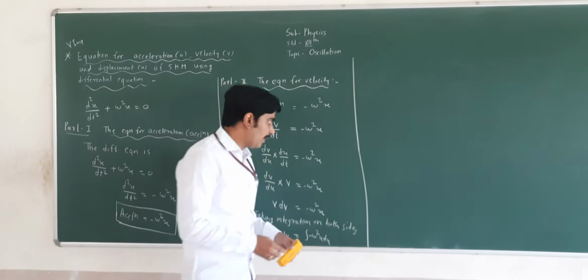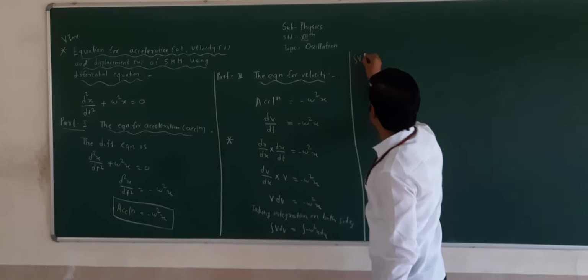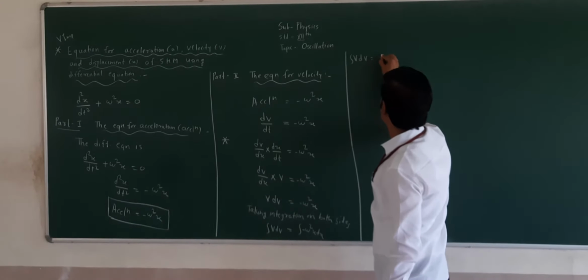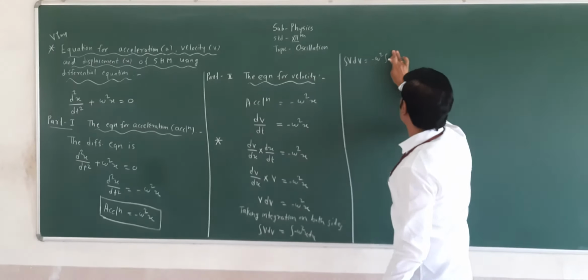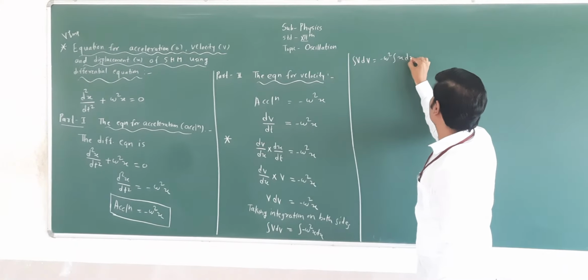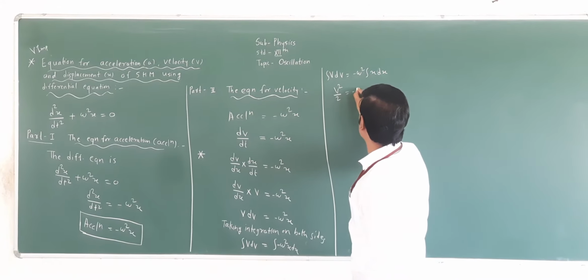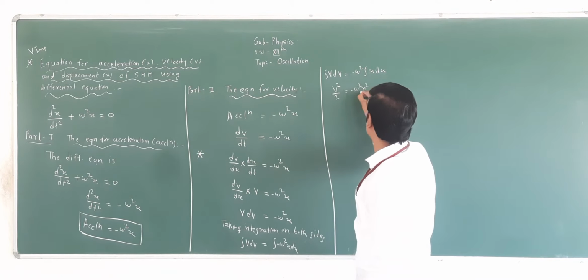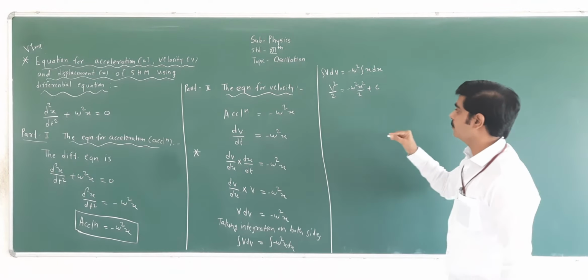Here omega square is a constant. So integration of x is x square by 2. So integration of v into dv is equal to minus omega square integration of x into dx. So it will become v square by 2 is equal to minus omega square x square by 2 plus c, where c is a constant.